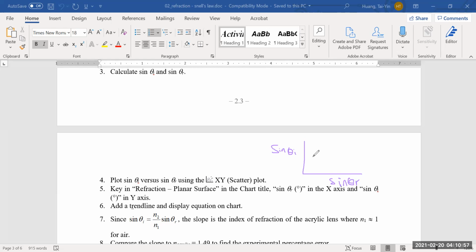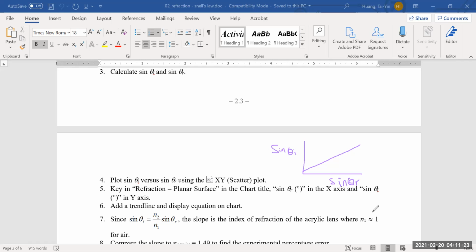You'll find that for the planar case, from low to high, the slope will give you the index of refraction of the D lens. For the second scenario, from high index to low index, the slope will give you the inverse of the index of refraction. So you can compare the values.